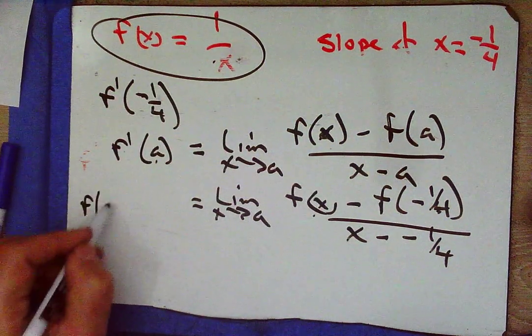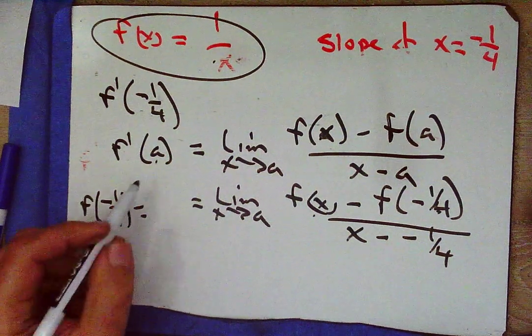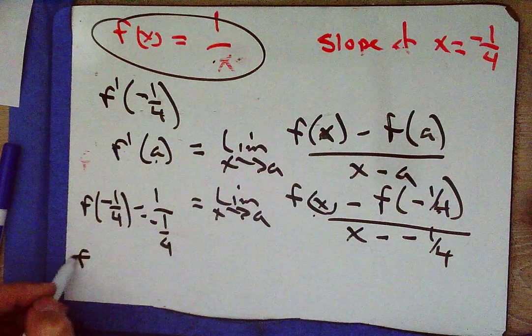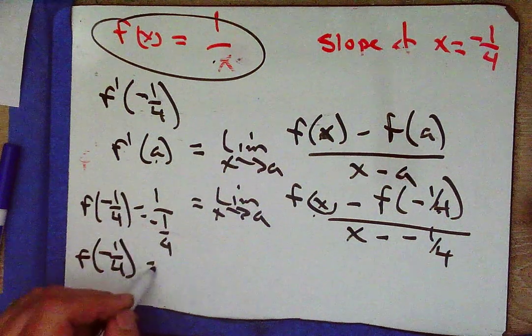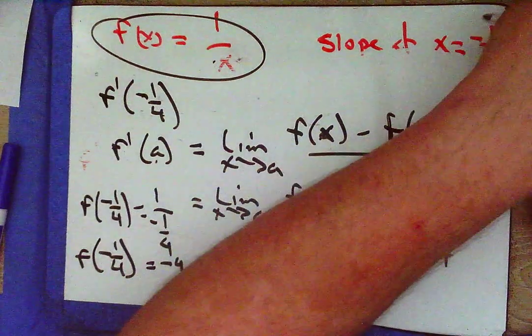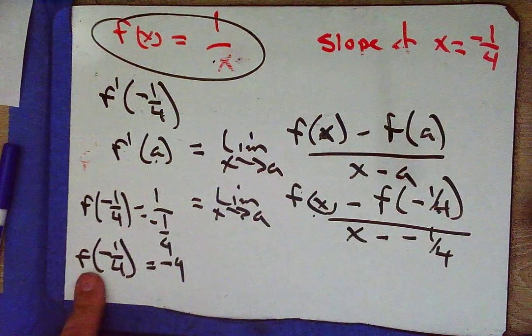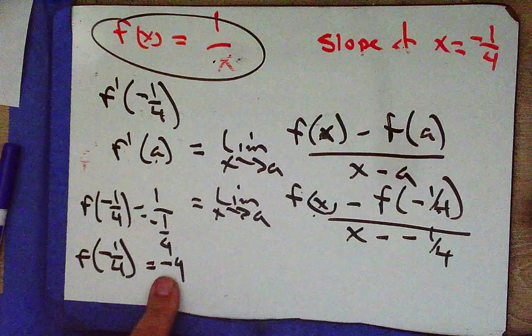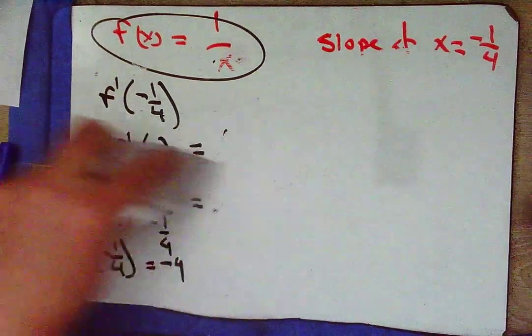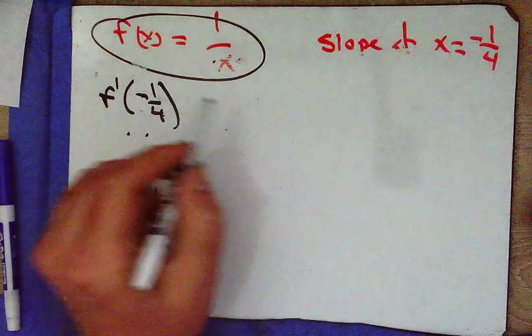So f of negative 1/4 is going to be 1 over negative 1/4, which is negative 4. Okay, so let's do it. We know f of negative 1/4 is negative 4. We know f of x is 1 over x. So our next line will look like this.